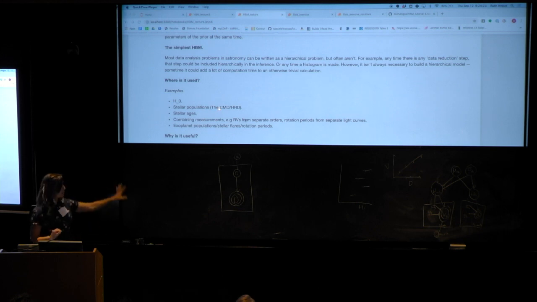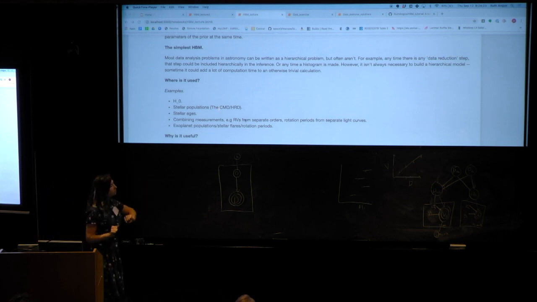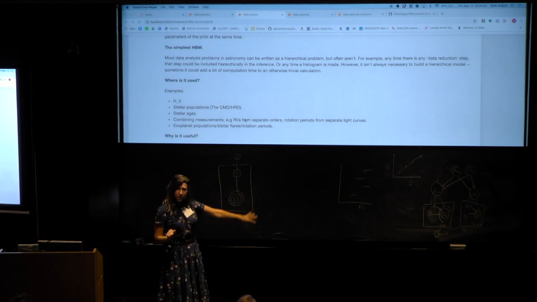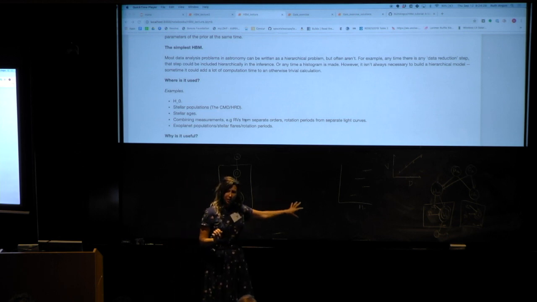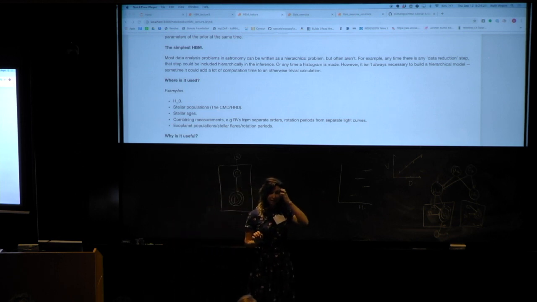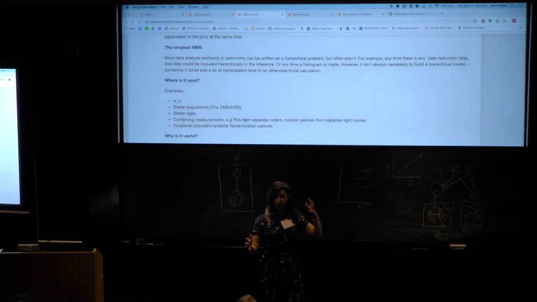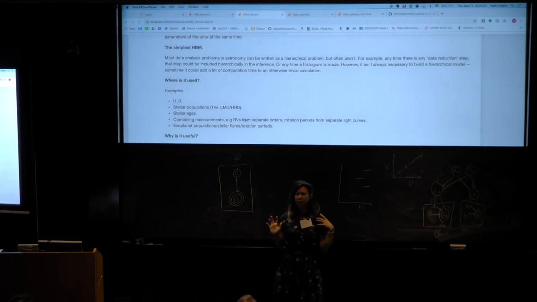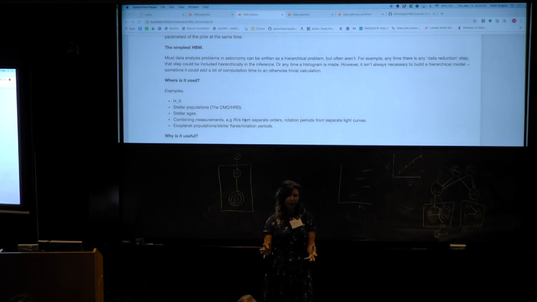Combining measurements, that's kind of what we just did. With H0, you could imagine a problem that comes up quite a lot in astronomy is combining measurements. For example, does anyone work on measuring radial velocities from spectra?